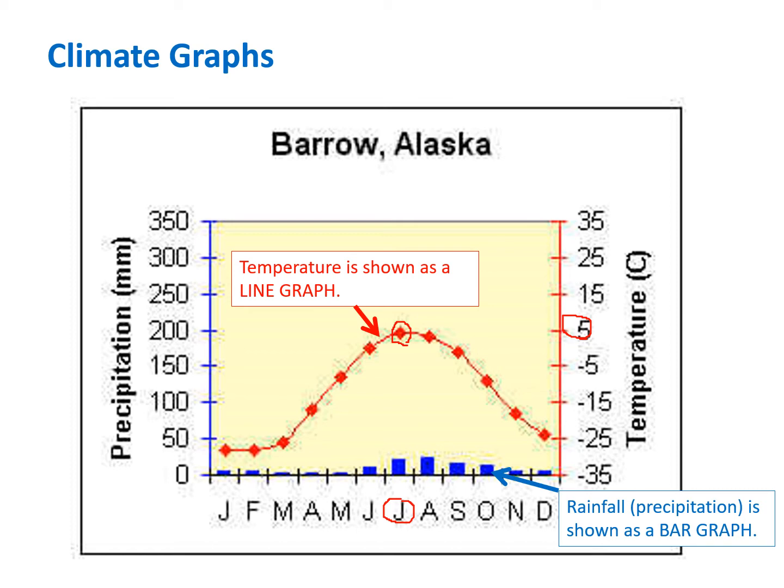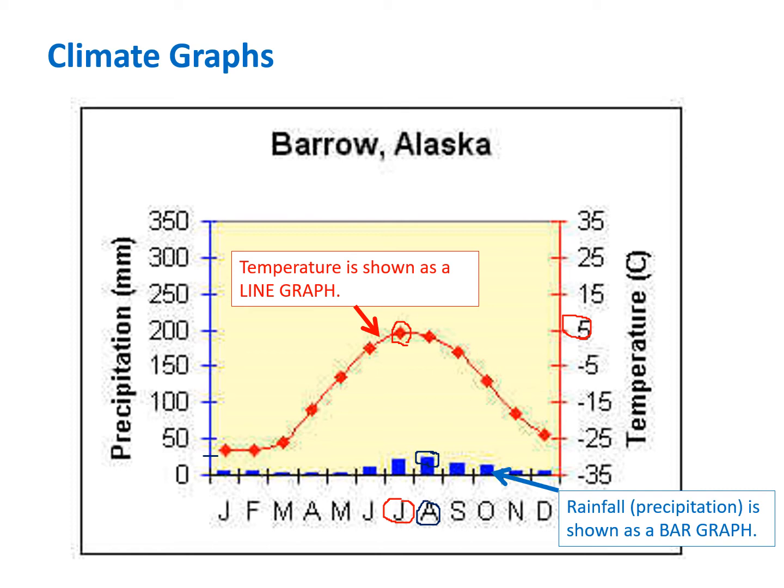We do the same for rainfall. Now, tundra climate graphs are sometimes very hard to read for rainfall because there's so little of it, but we can see that the highest rainfall is here, in the month of August, and it's quite difficult to read off this particular graph, but it's around about 30 millimetres of rainfall in August.